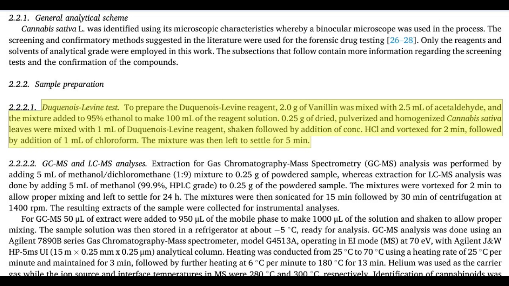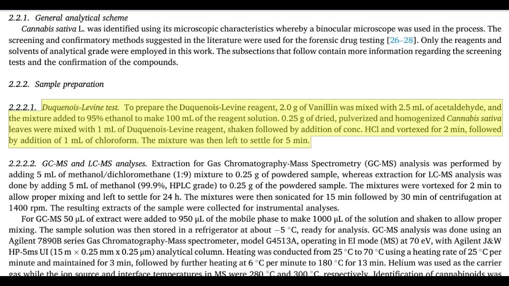To use the reagent, 1/4 gram of dried, pulverized, and homogenized cannabis sativa leaves were mixed with 1 ml of the reagent, shaken, followed by the addition of concentrated hydrochloric acid and vortexed for 2 minutes.